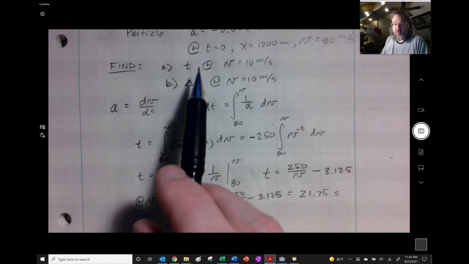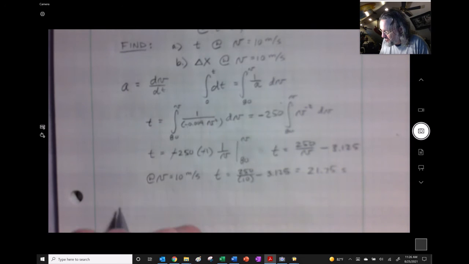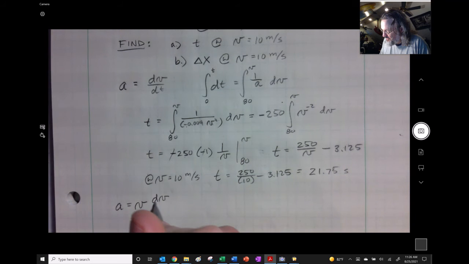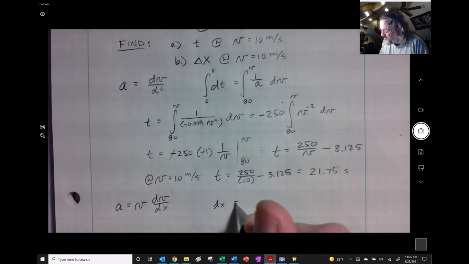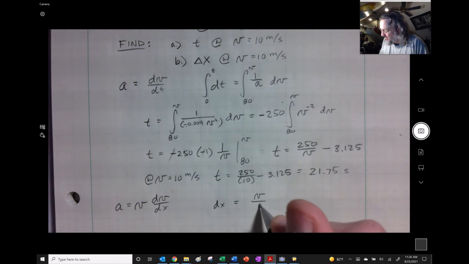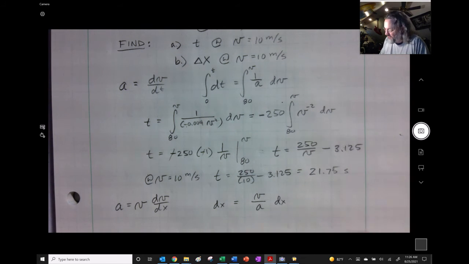So now we're going to do case 3 again here, but now we're going to use our good friend: the acceleration is velocity times dv dx. And we'll rewrite the thing out. Get x over here by itself, and then say velocity divided by a dv.